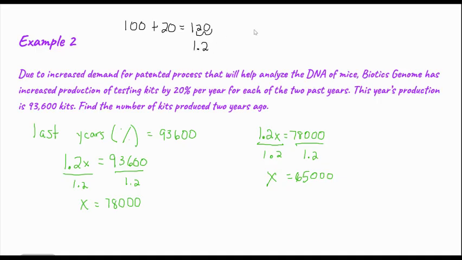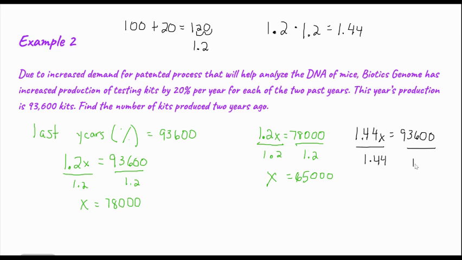So you get 1.2. And then what you do to get your decimal is you get 1.2. Since we know we need to do it 2 years, multiply it by 1.2. And what you should get is 1.44. And you'll notice if we use 1.44 as our decimal and use 93,600, from the current time to get 2 years ago, we divide by 1.44.